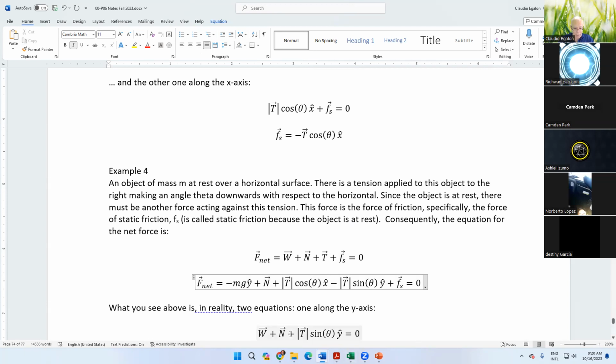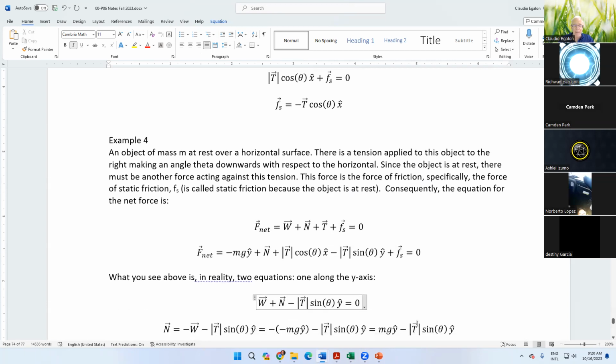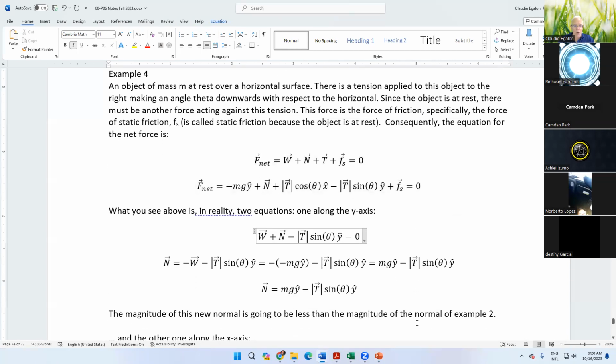Because of that, the final normal force is going to be more than in the two previous cases.